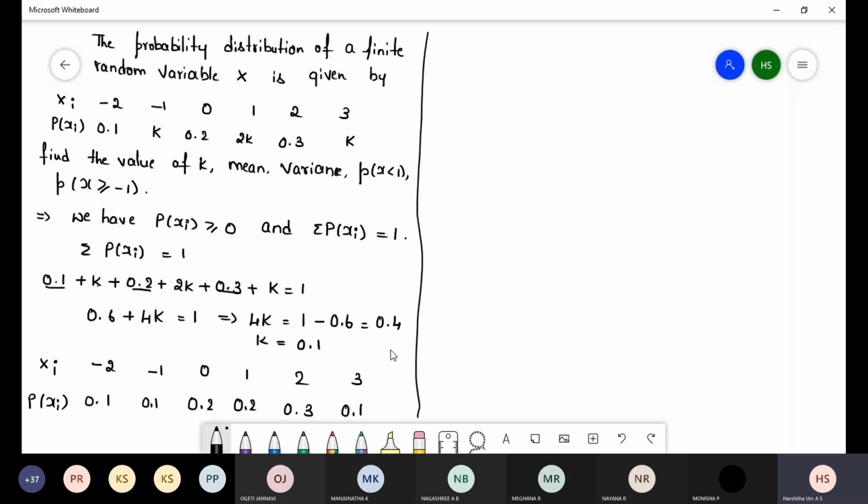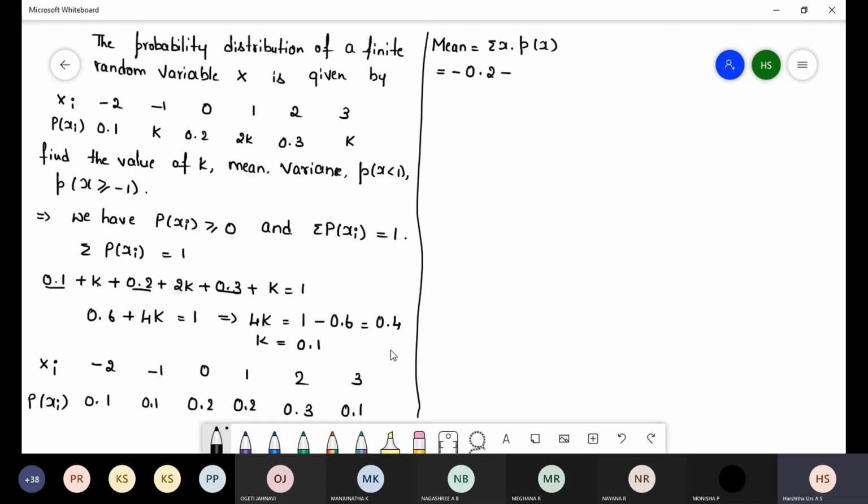Next, what do we have to do here? First we have to find the mean. Mean is the summation of x into p of x. So minus 2 into 0.1 is minus 0.2.